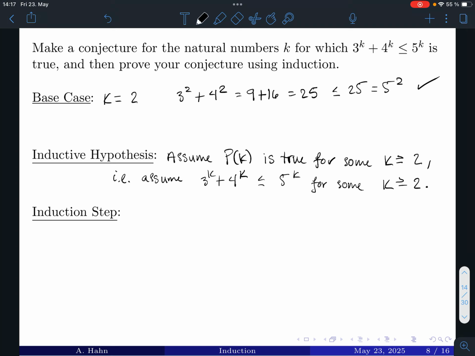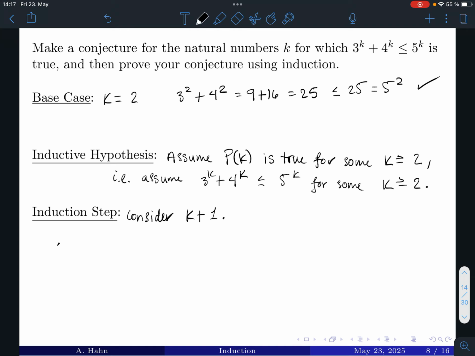And so then let's write down the induction step. Just like in the previous examples, we're just going to write down, consider K plus 1. And again, just like in the previous examples, we're going to write down one side of the predicate for the K plus first term, and then we want to end up at the other side of the predicate.